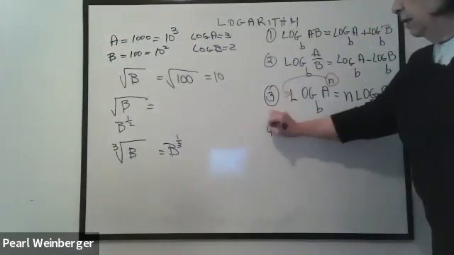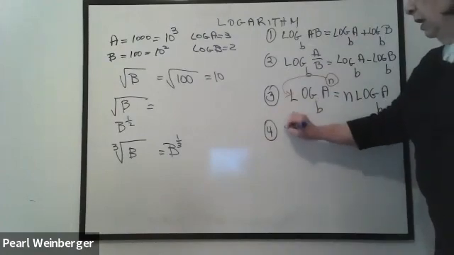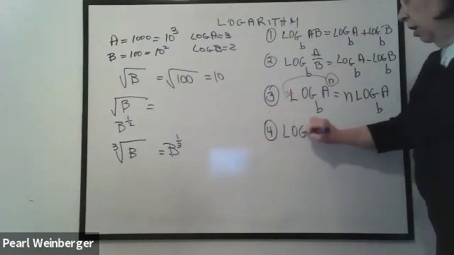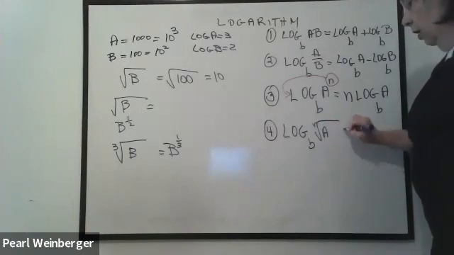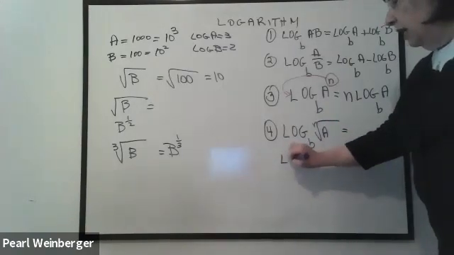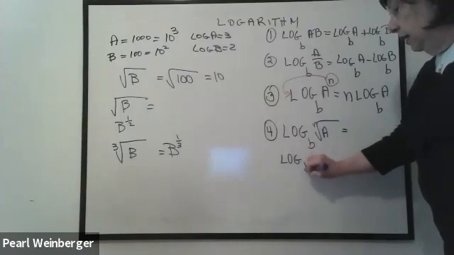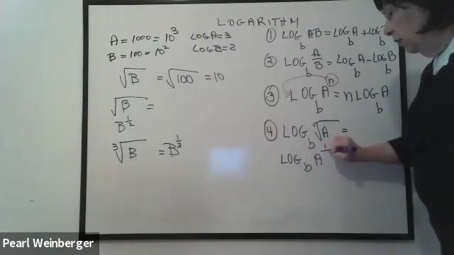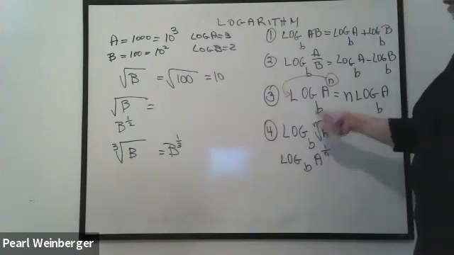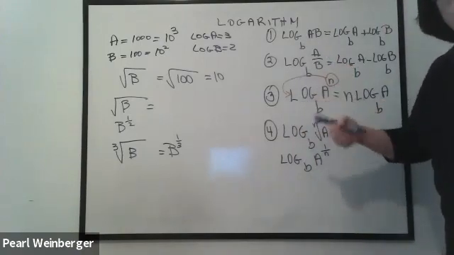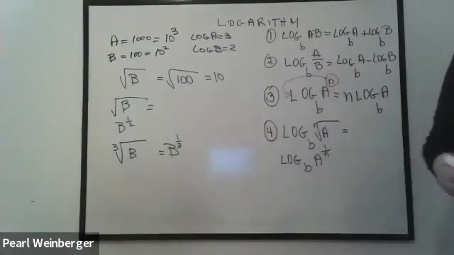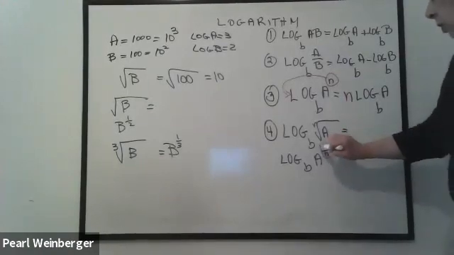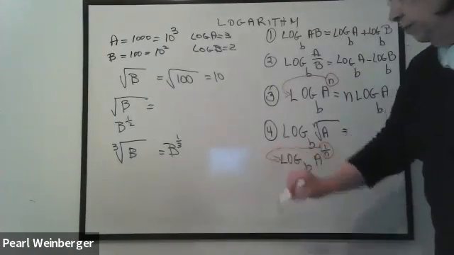Which means that this is a sub-rule of rule number 3. If I have the log base b of, let's call it, the nth root of a, what I'll do is I'll rewrite that as log base b of a to the 1 over n exponent. If the index is n, the exponent is 1 over n. And then just use rule number 3, where my exponent will become my coefficient.